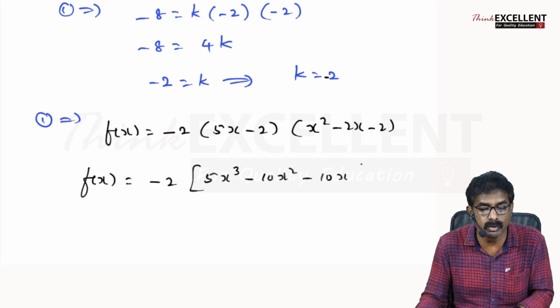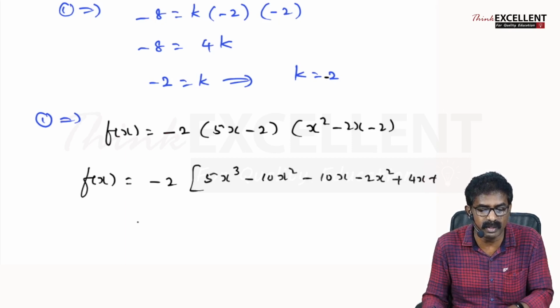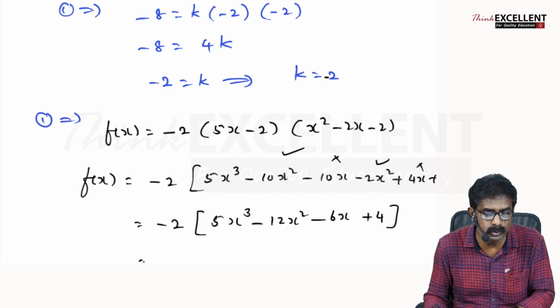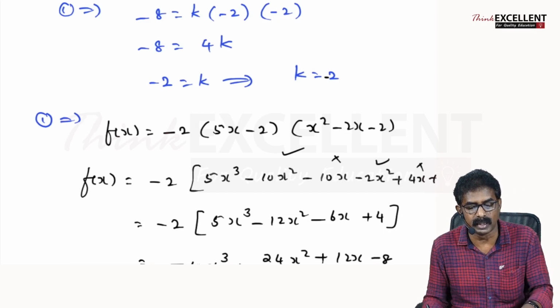Now by that minus 2 you multiply: minus 2x square, minus into minus plus 4x, minus into minus plus 4. Now like terms you simplify. x cube term only 1, x square you can see 2 terms, minus 12x square, minus 10x plus 4x is minus 6x, and finally you have a plus 4. Now multiply every term by this minus 2, so minus 10x cube plus 24x square plus 12x minus 8, right? So this is the required cubic polynomial.